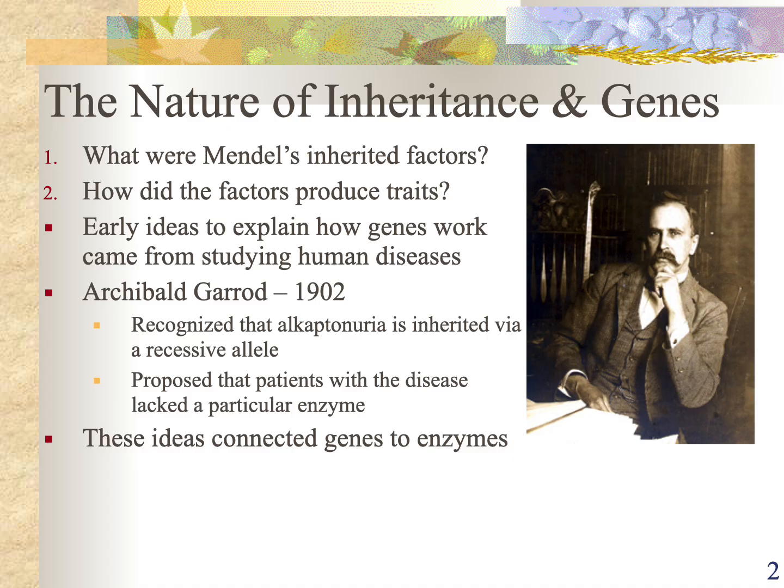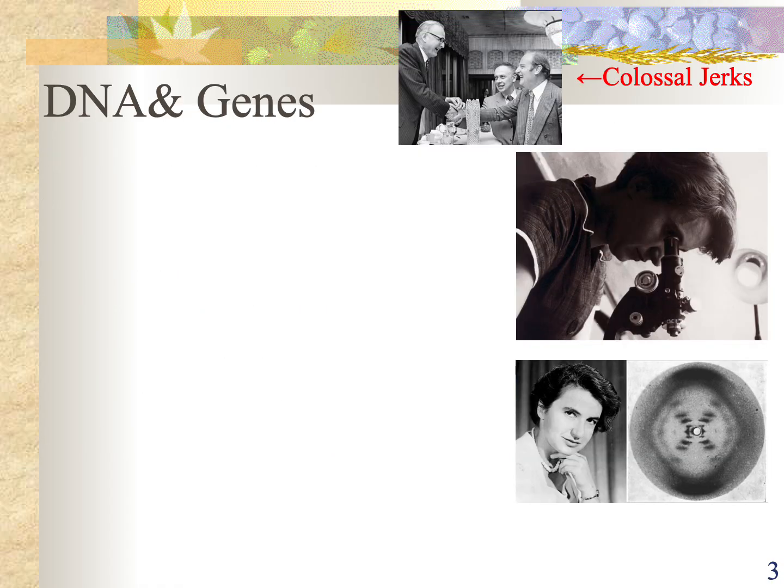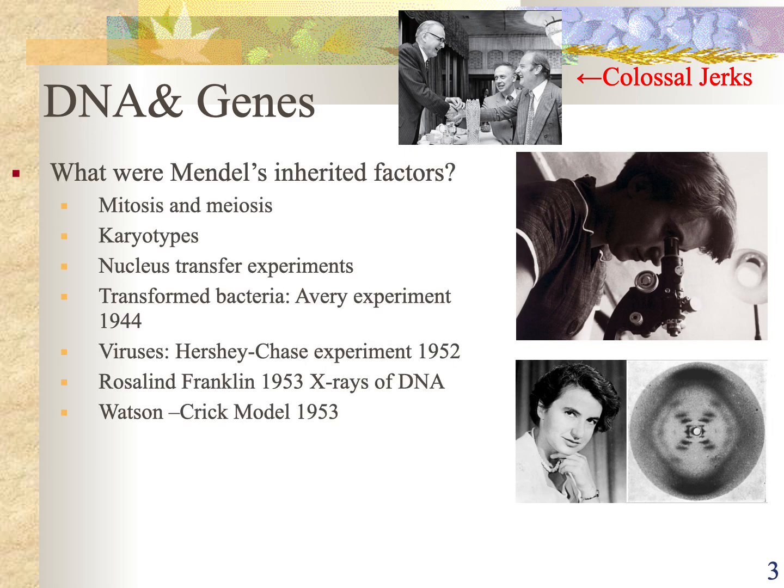But we really weren't sure what the inherited factor was until those guys on top there, James Watson and Sir Francis Crick, proposed a model for the structure of DNA.